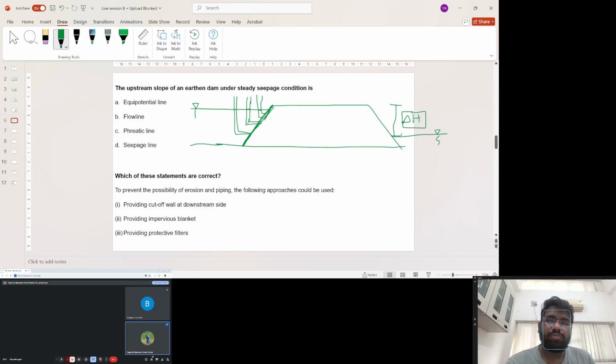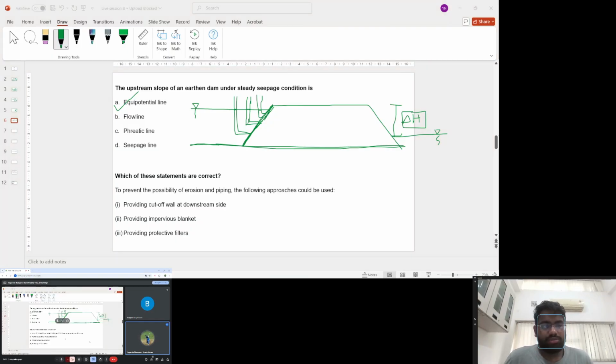Now if you calculate the total head, that is the datum head plus the pressure head, the total head remains the same. So at each and every point along the upstream slope, the total head remains the same, and hence it is an equipotential line. All right. Any doubts?